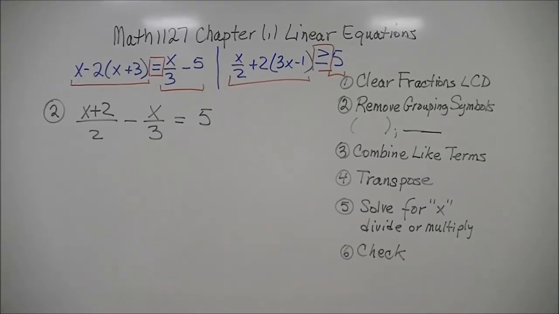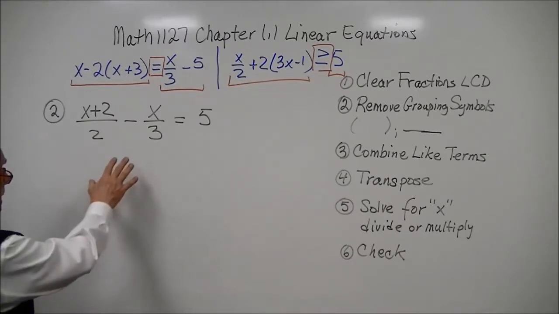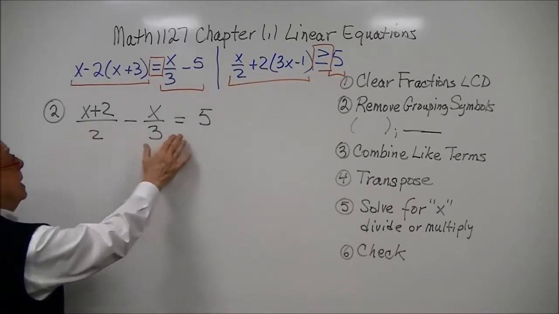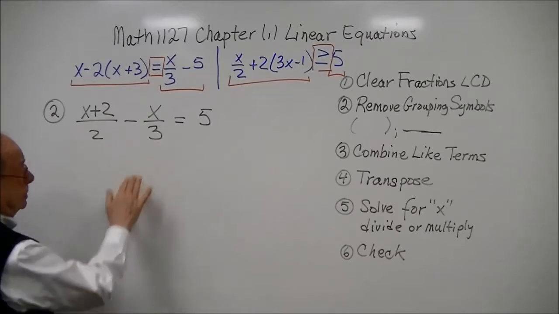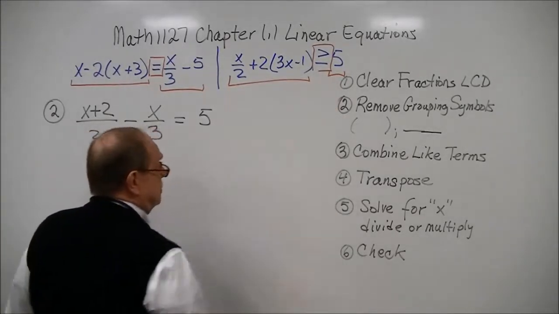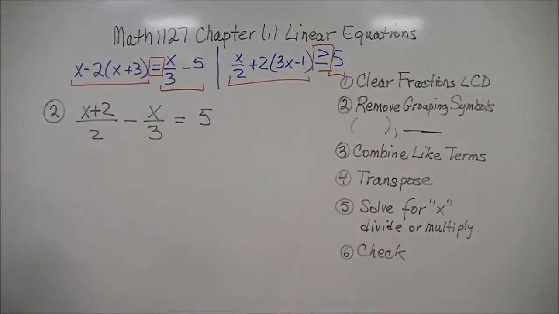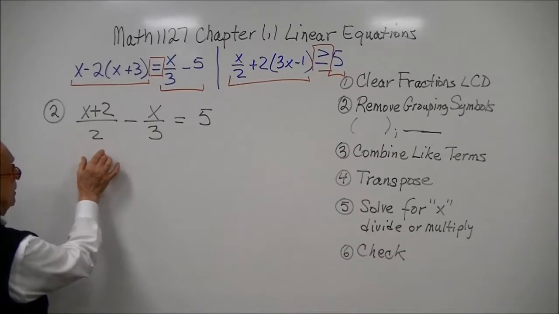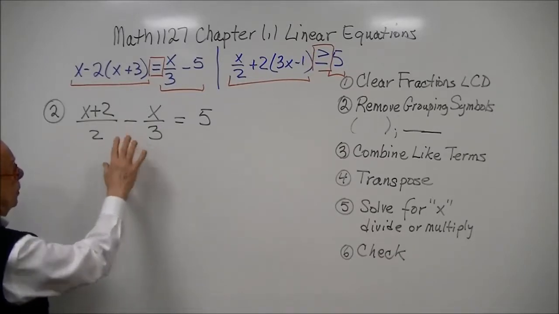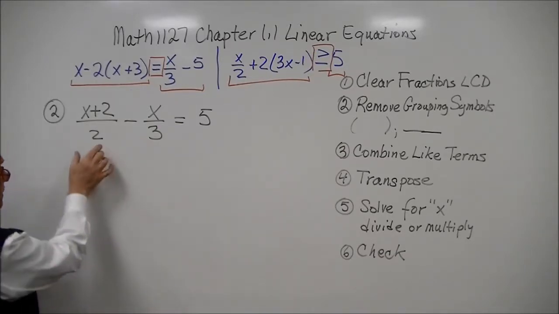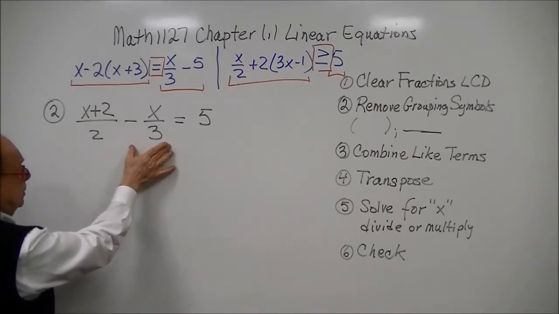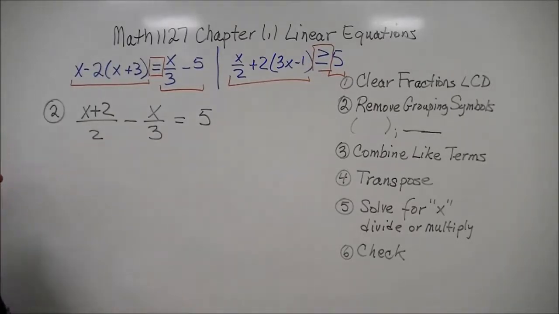Going on to example 2, we do see here now an equation with fractions. So we're going to use step 1, clear fractions. And the rule is you multiply each term. Terms are separated by a negative or positive sign. So this is one term, one term, one term.